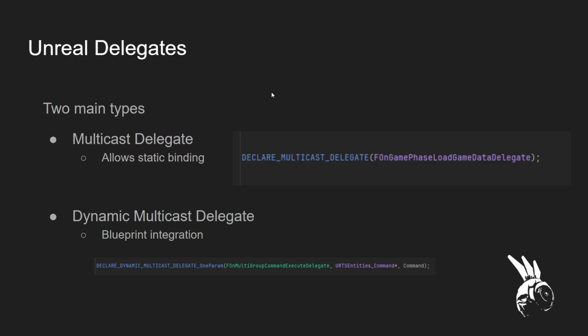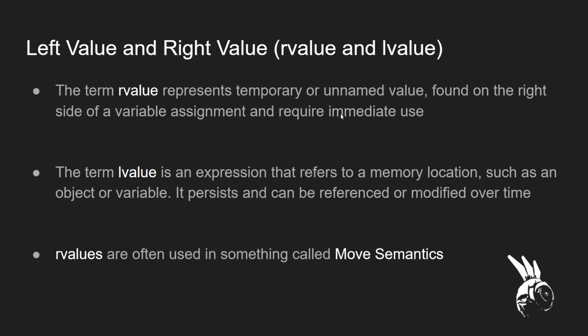Another thing I want to cover is the concept of left value and right value. You may see these in some errors you get sometimes, where the rvalue and lvalue terms come up. I was always confused about this when I was learning. What's an R value? What are you talking about, R value and L value? We're actually going to use an R value with our delegates.